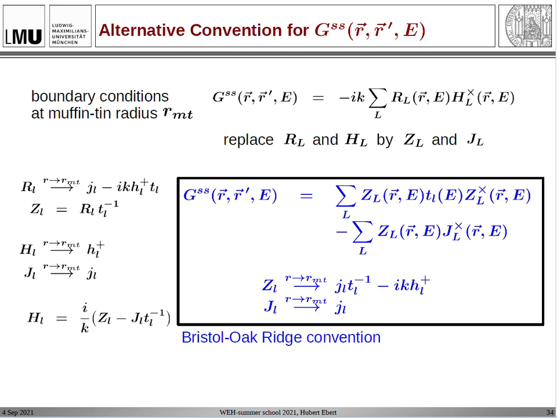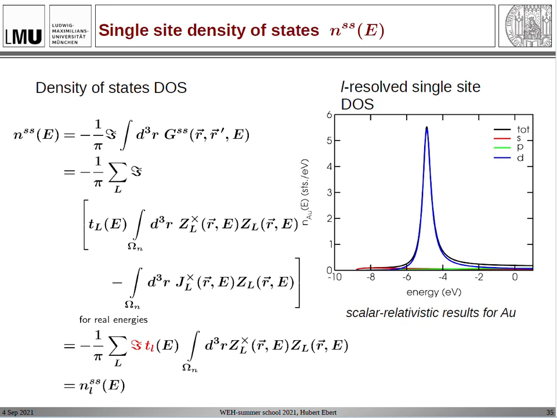And now, with the Green's function available for the single-site problem, we can plug it into the expression for the density of states. And I use here, as I said, because it's much easier here to handle the Green's function, the Oak Ridge convention. So we have Z times T times Z and J Z. Because we take the imaginary part, this drops out, and all imaginary part comes from the T matrix.